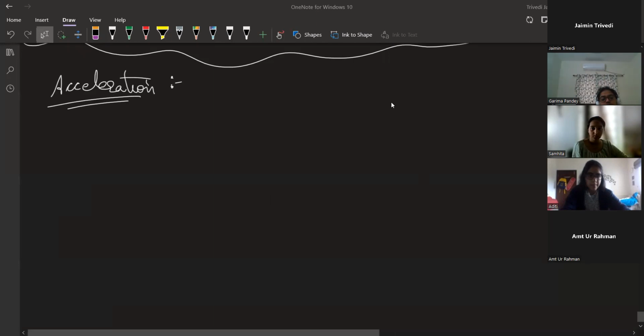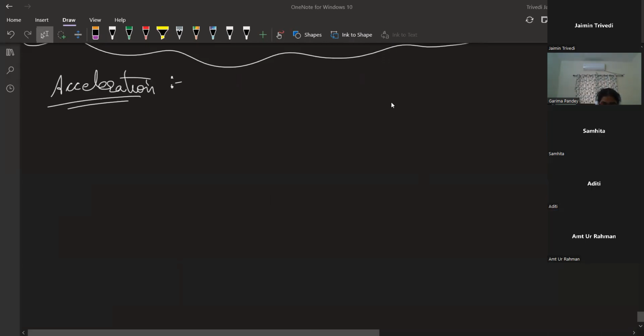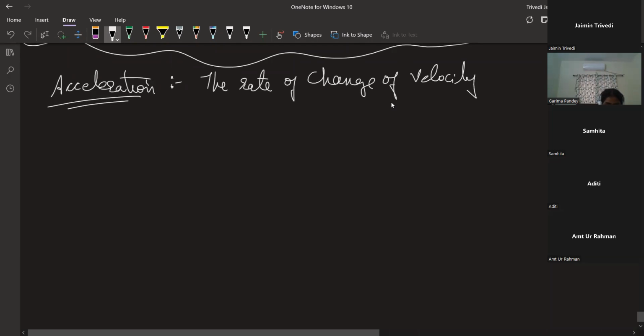Okay, what's acceleration? Do you remember? The rate of change of velocity. Rate means with respect to time.